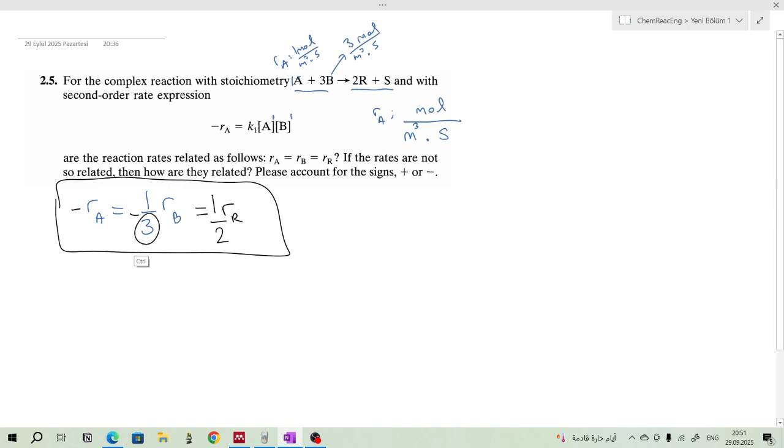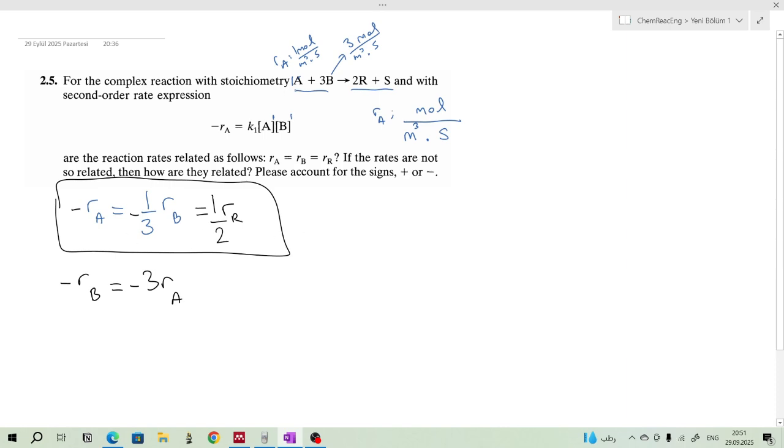If you send this to the other side, you will see that Rb is going to be 3 times bigger than Ra. You can also write it like this, but to use a standard, you always fix the species that has a coefficient of 1, and relate the others to it.